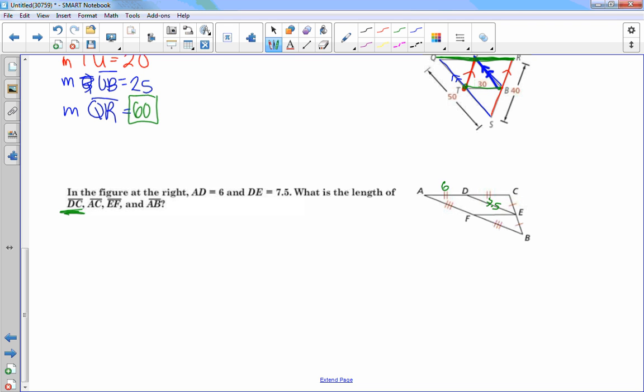Do we know how long ED is? So DC must also be, yeah, these 2 are congruent. So they're both 6, which means D is actually a midpoint. So DC is 6.